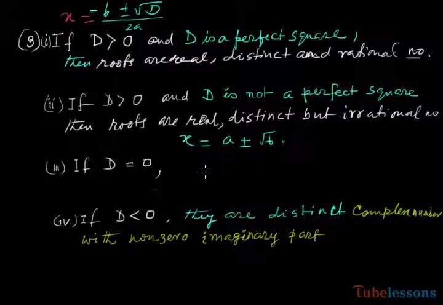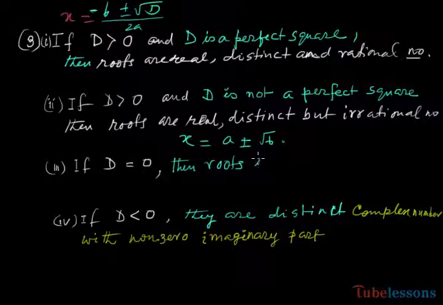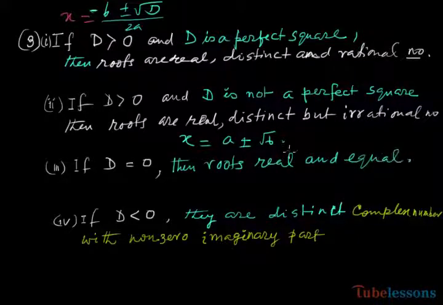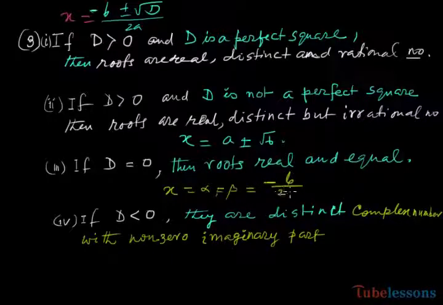If d is 0, then roots are real and equal. And in that case, the value of x, which is equal to alpha and is equal to beta, is equal to minus b by 2a.